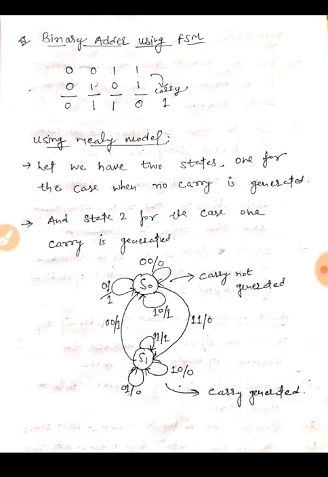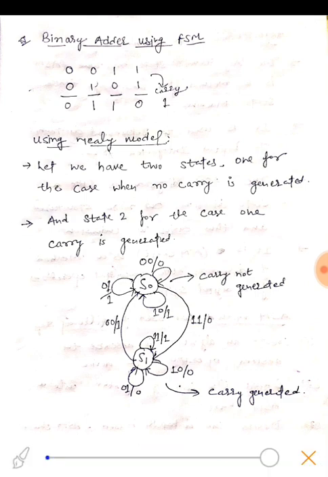So in this lecture we will see how we can implement a binary adder. A binary adder, you all know, is used to add two binary bits, that is 0 0 or 0 1 or 1 1.